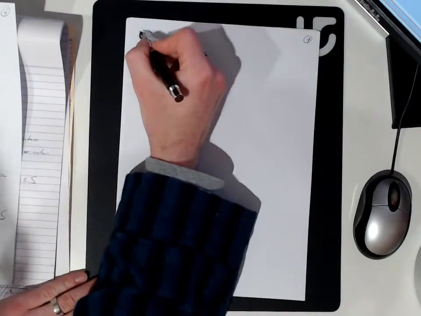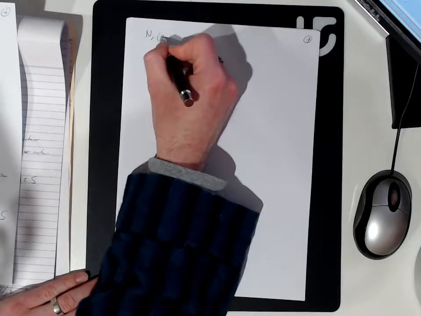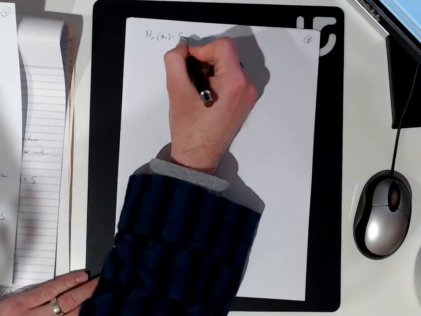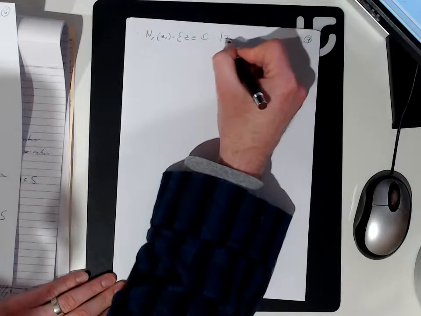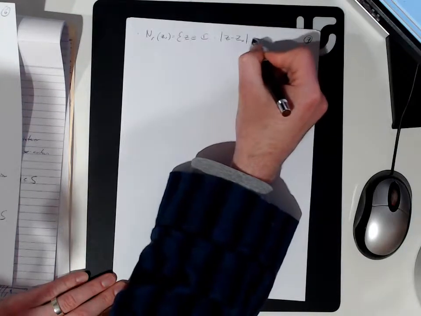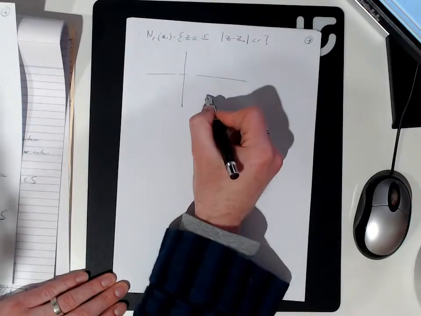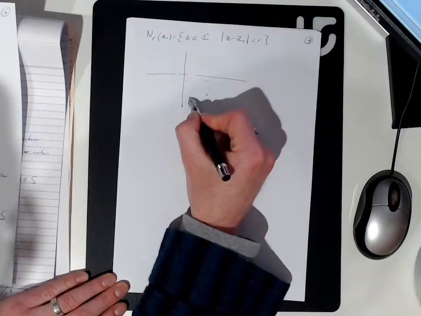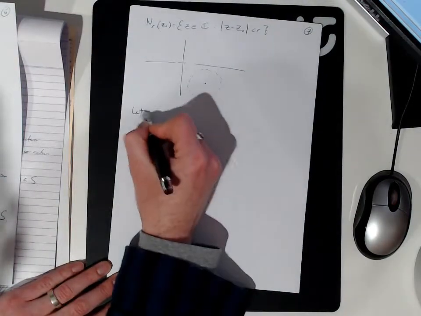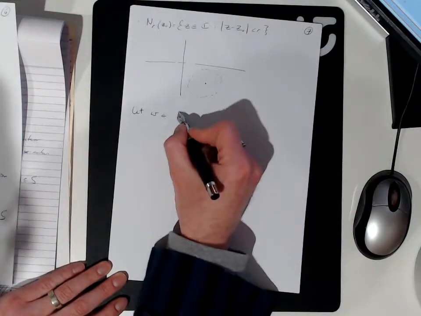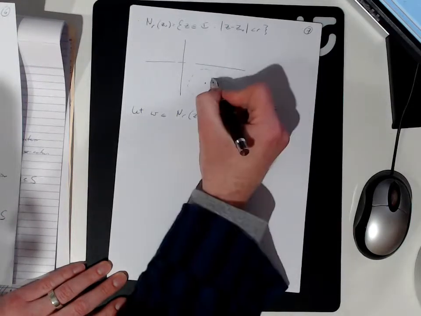Okay, let's return to this set here. So we have a point and let w be an element of this. So choose w over here.